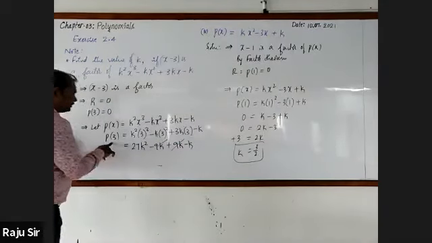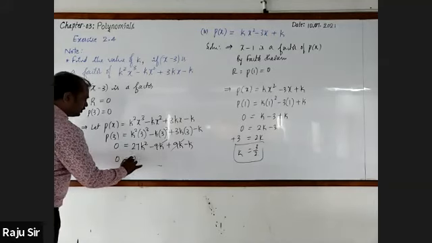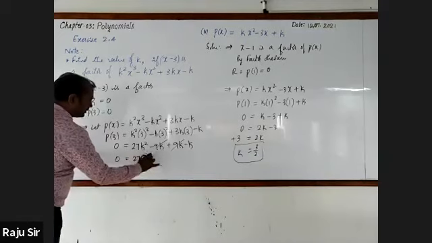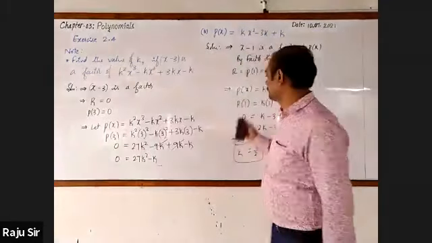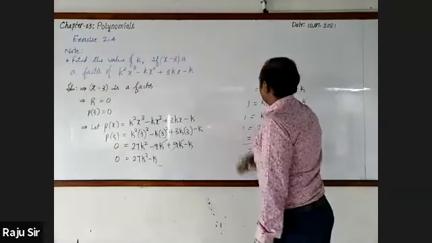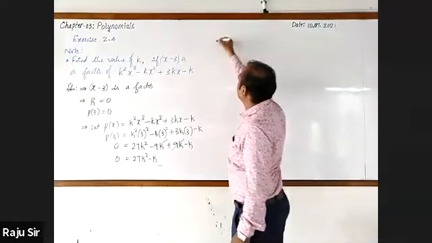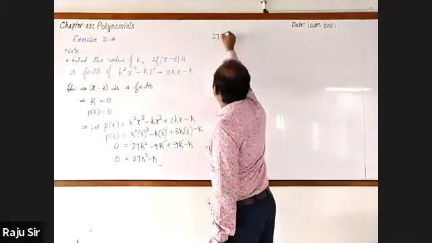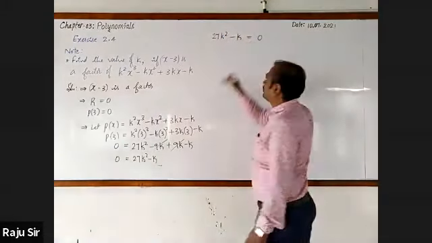And we also know that p of 3 is 0. So 0 is equal to 27k square minus k. Write the k term on the left hand side: 27k square minus k is equal to 0.